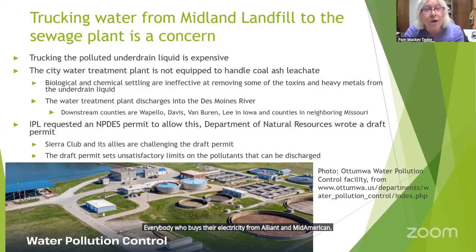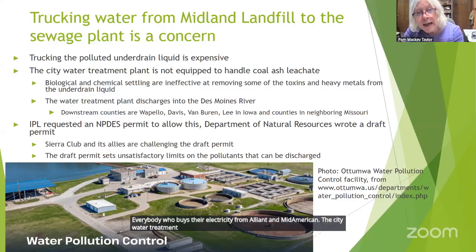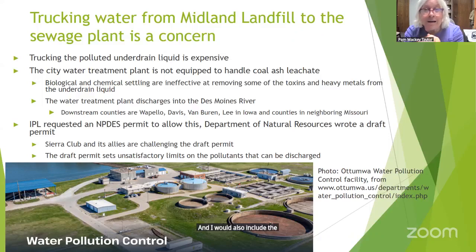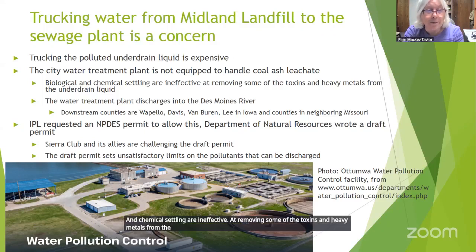The city water treatment plant is not equipped to handle coal ash leachate. And that would also include the underdrain liquid. Biological settling and chemical settling are ineffective at removing some of the toxins and heavy metals from the underdrain liquid.